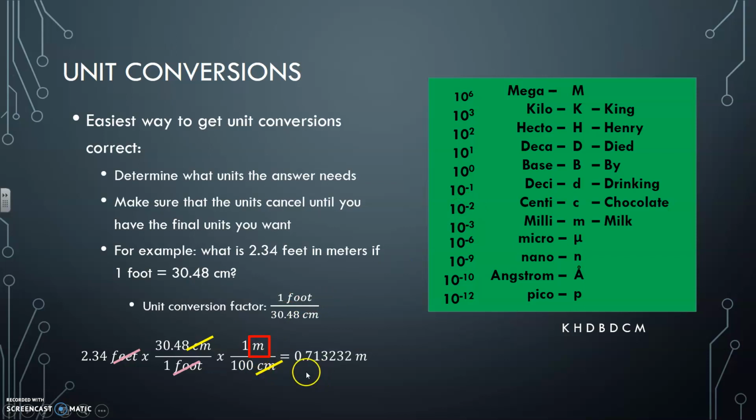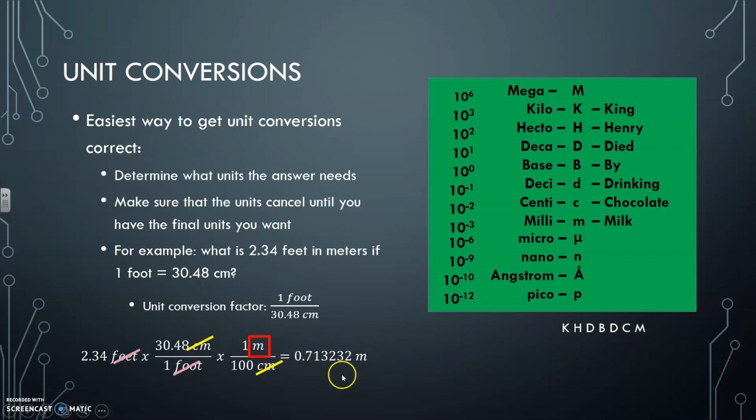Now, if you didn't want to have to deal with putting an actual number in this and you just want to use this scale here to convert that, you would just do the 2.34 times 30.48. That would get you 71.3232 centimeters. Then you take your decimal point and you move it 2 places to the left to get meters.